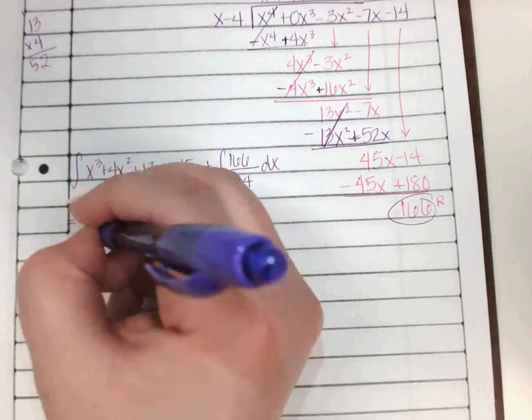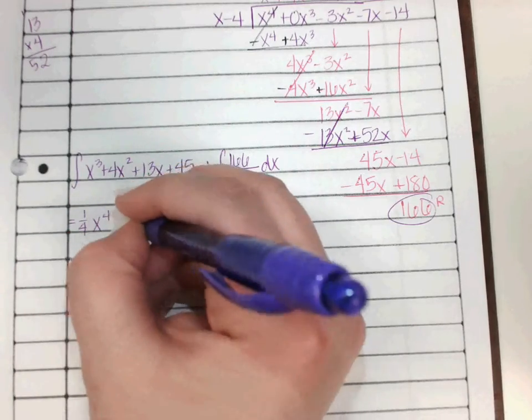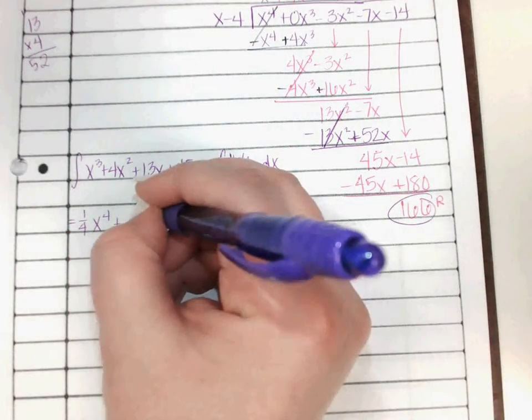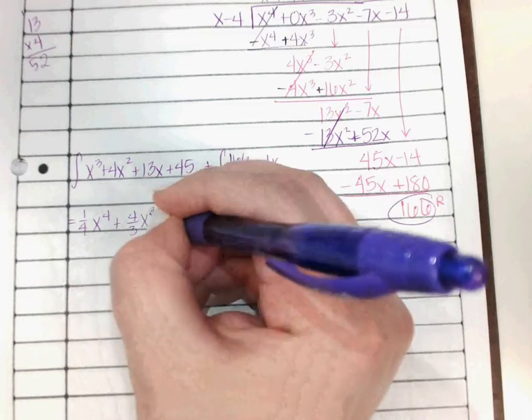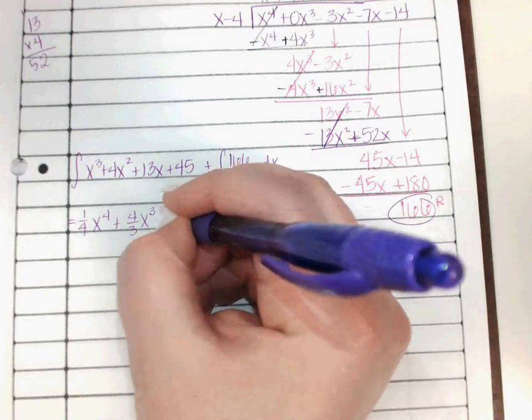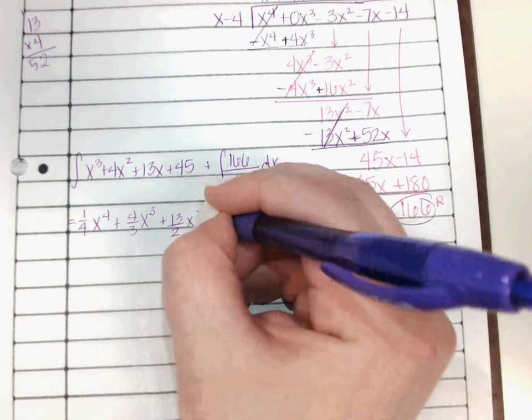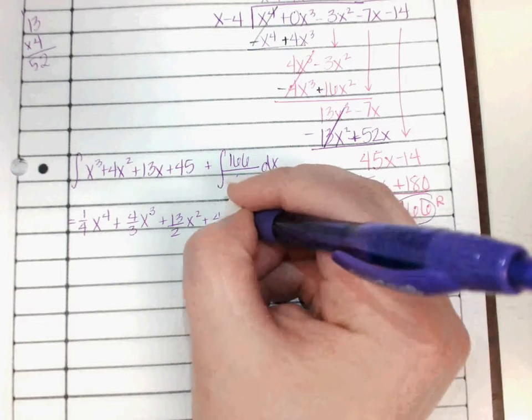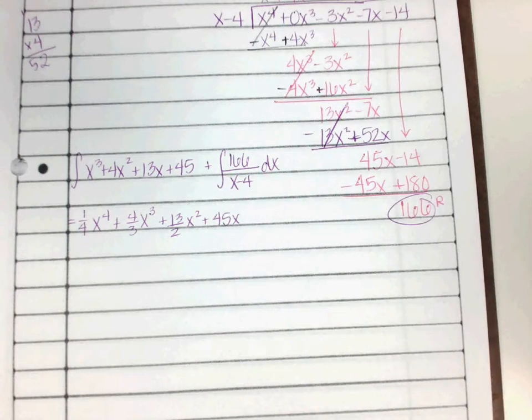One fourth x to the fourth plus, x turns to the third, 4 over 3 x cubed plus 13 over 2 x squared plus 45x. And then when I get to the next term, I'm going to have to u-sub it.